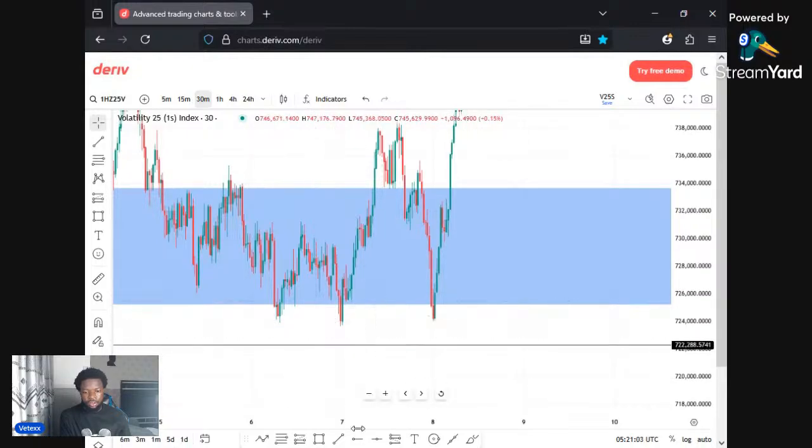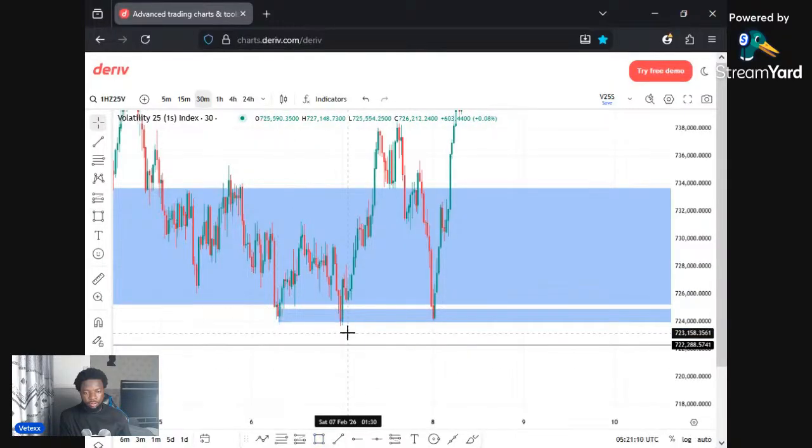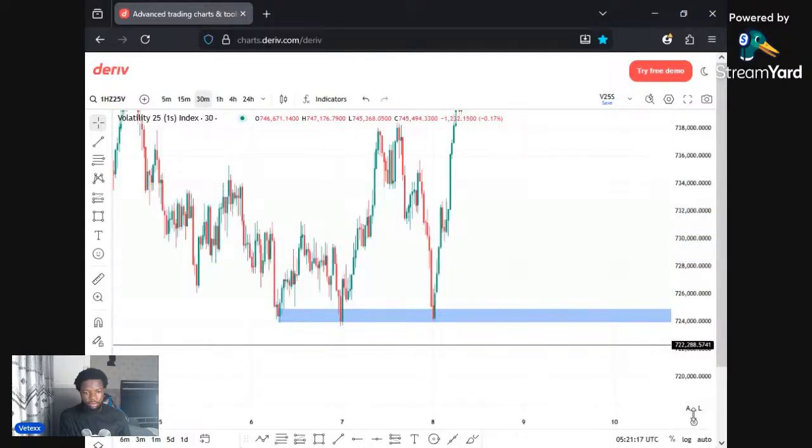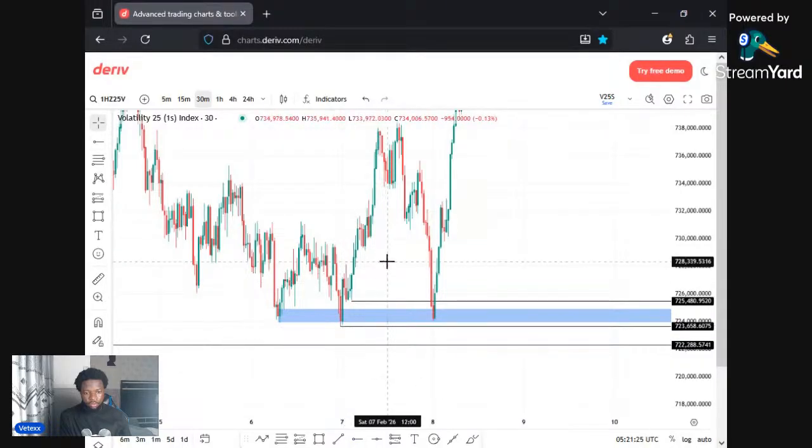Then look at the move here. Let me remove this. Then we have this protected low.